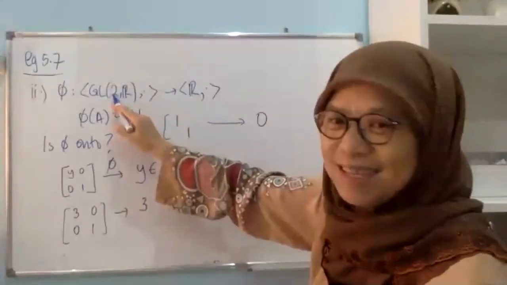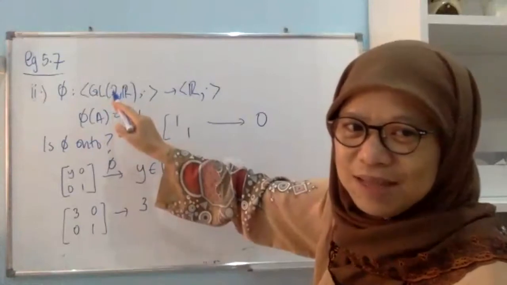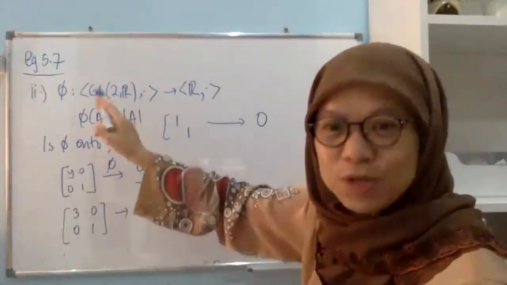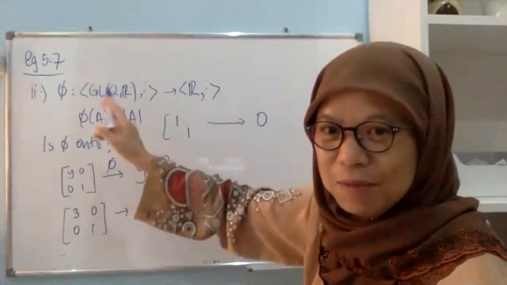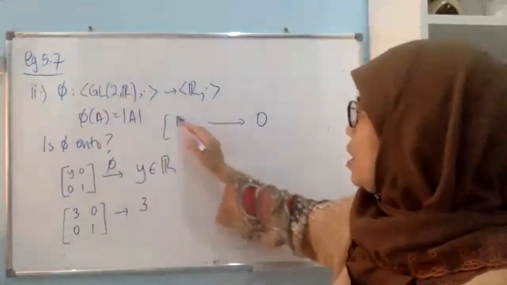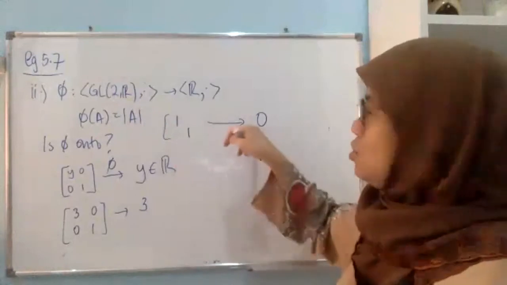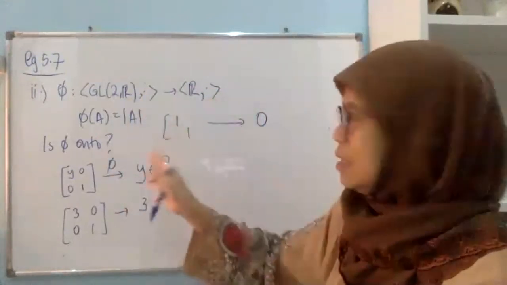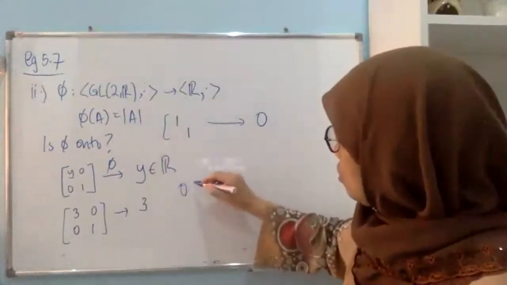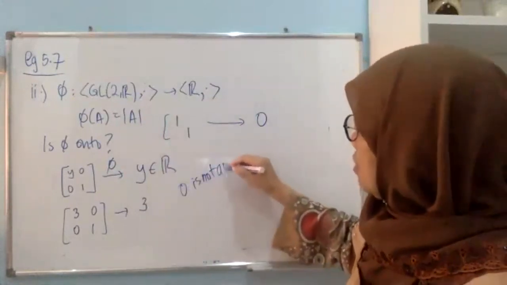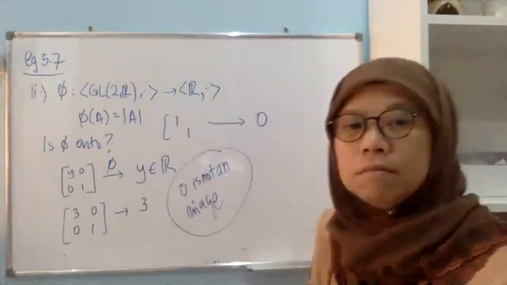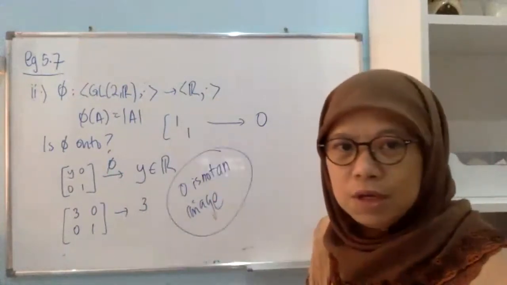Because you can never have a determinant equal to 0. The determinant is not equal to 0. So you can never find a matrix that maps to 0. So everything else is okay, except 0 is not an image. This is the problem.